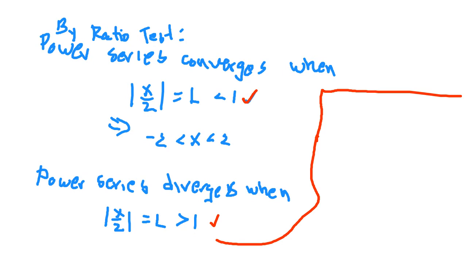If you have the absolute value of x over 2 greater than 1, that means either x would have to be greater than 2 or x would be less than -2.